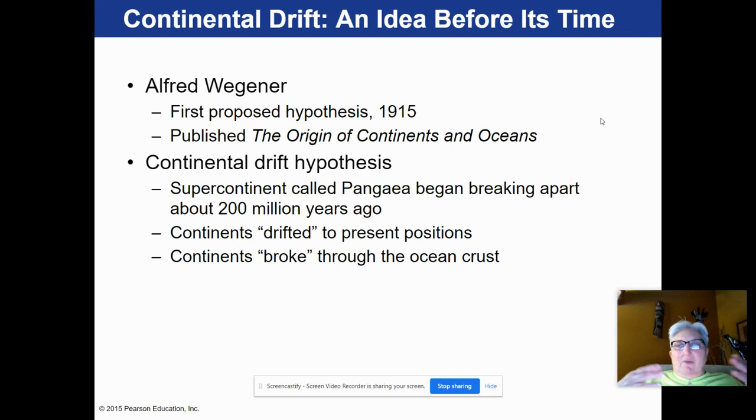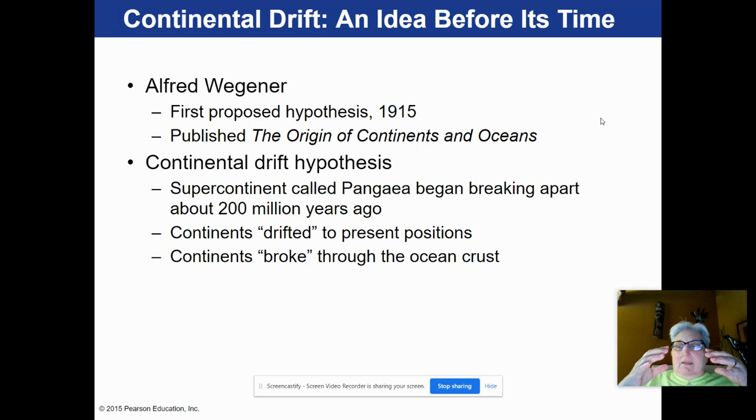And he was really the first to propose the theory of continental drift, right? That all of the 7 continents were once together in one supercontinent that we called Pangea. And eventually those continents split apart and drifted away from each other.